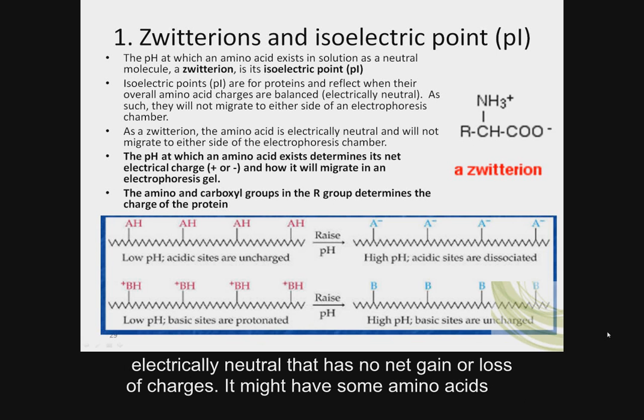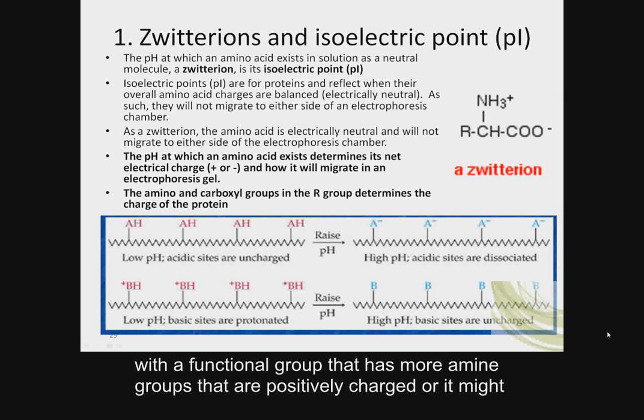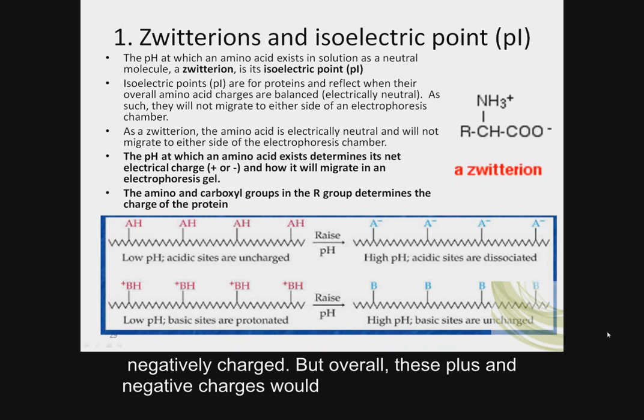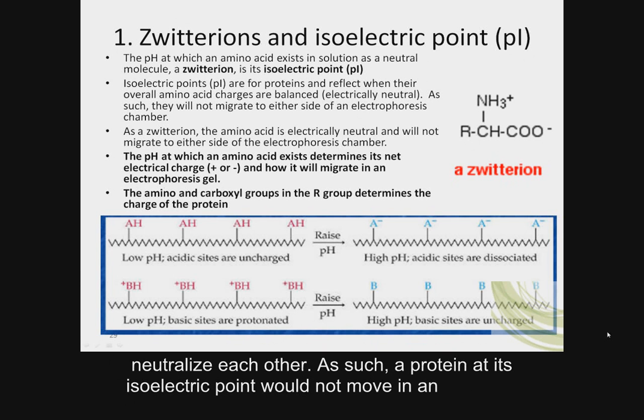It might have some amino acids with a functional group that has more amine groups that are positively charged, or it might have some amino acids with functional groups that have more carboxyl groups that are negatively charged. But overall, these positive and negative charges would neutralize each other. As such, a protein at its isoelectric point would not move in an electrical current.